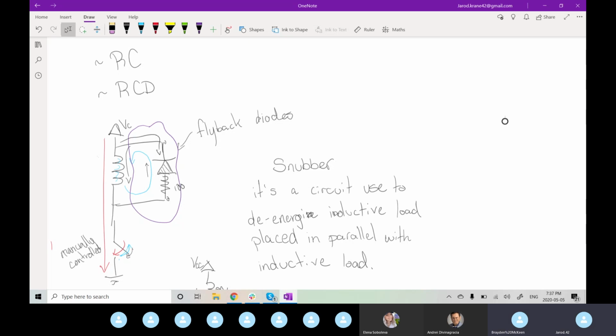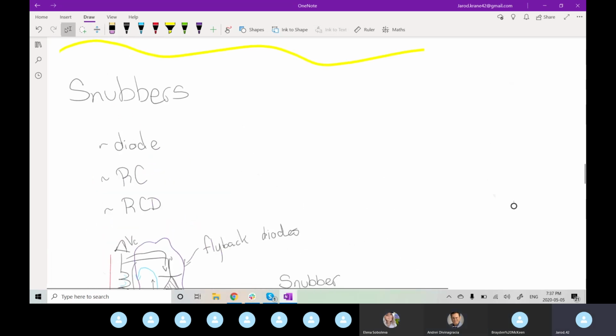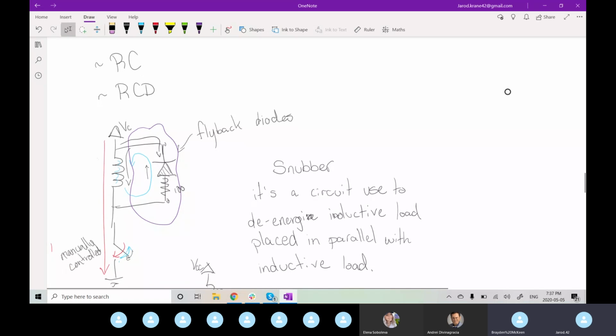Is snubbers like a nickname, or is it an official thing? It sounds like snuggles. This is the first time I've ever heard the word snubber. I just know the flyback diode, so he could possibly be making this up. Snubber is the proper term for what's on here.